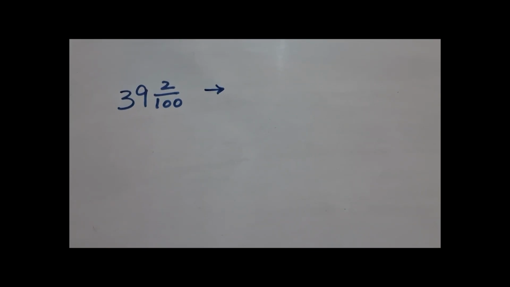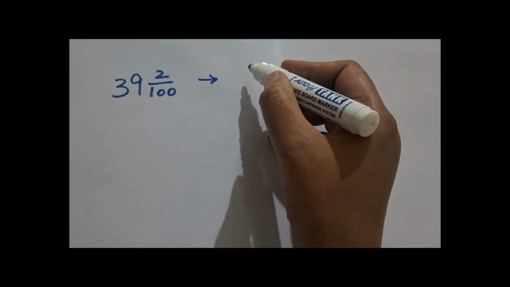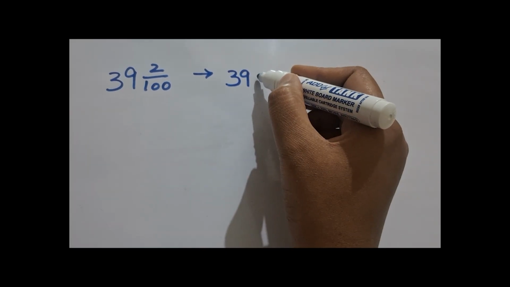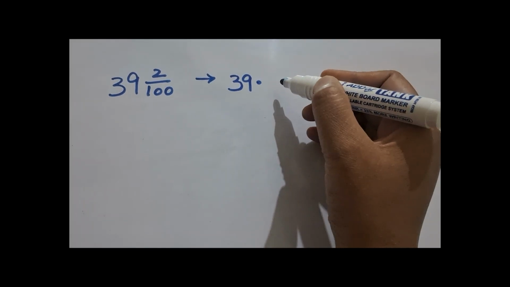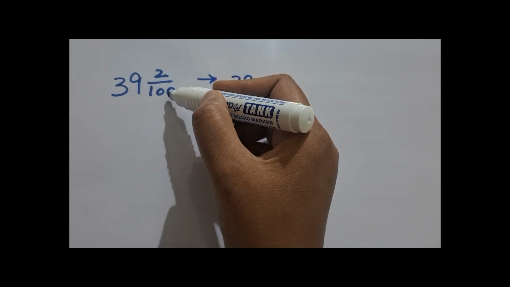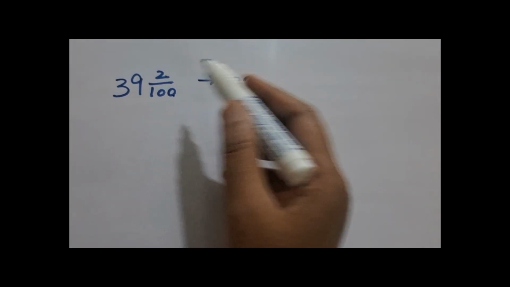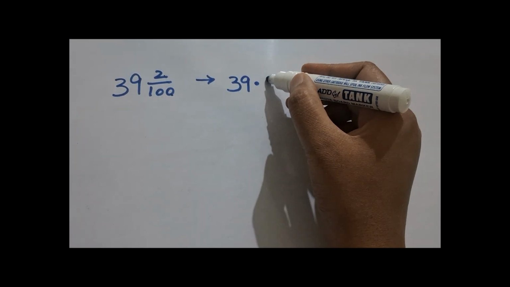One more example, children. 39 2 by 100. Okay, that means 39 is a whole number. So I am writing it in the whole number part. And the decimal part is how much, children? 2 out of 100. That means in the hundredths place 2 is there. In the tenths place nothing is there.